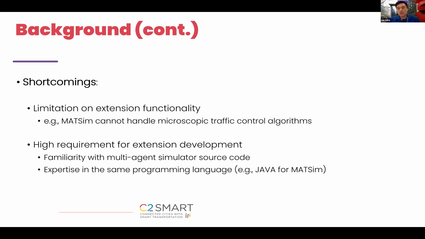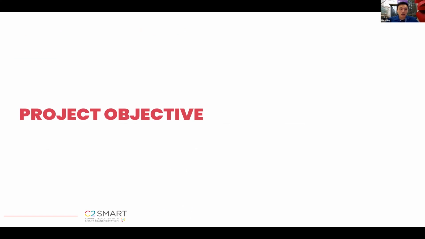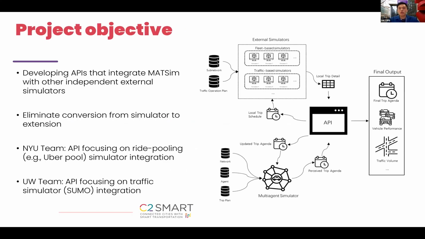So for MATSim, it's Java. But if the scholar or developer is not very efficient in Java, then he or she will have a very hard time converting things into a MATSim module. So to tackle that, the objective of this project is to develop a platform or API.